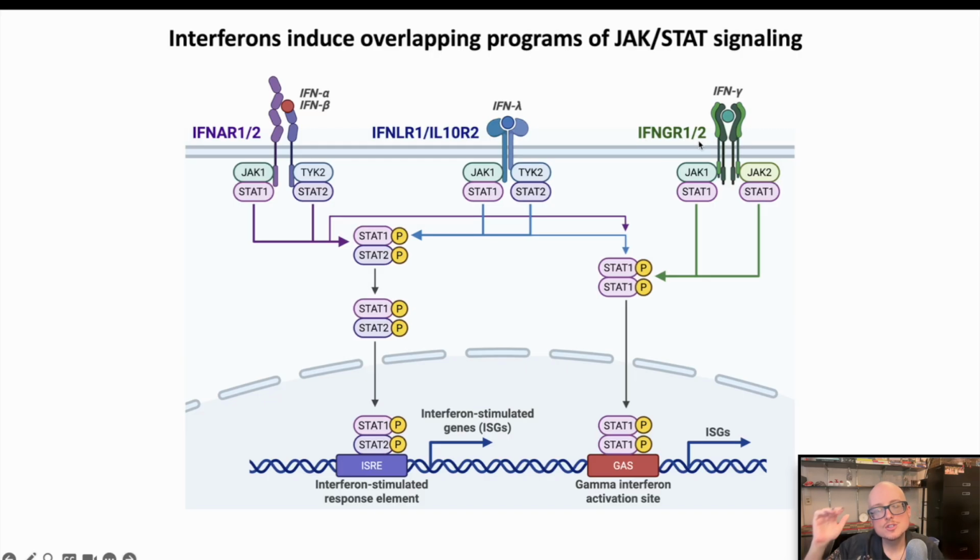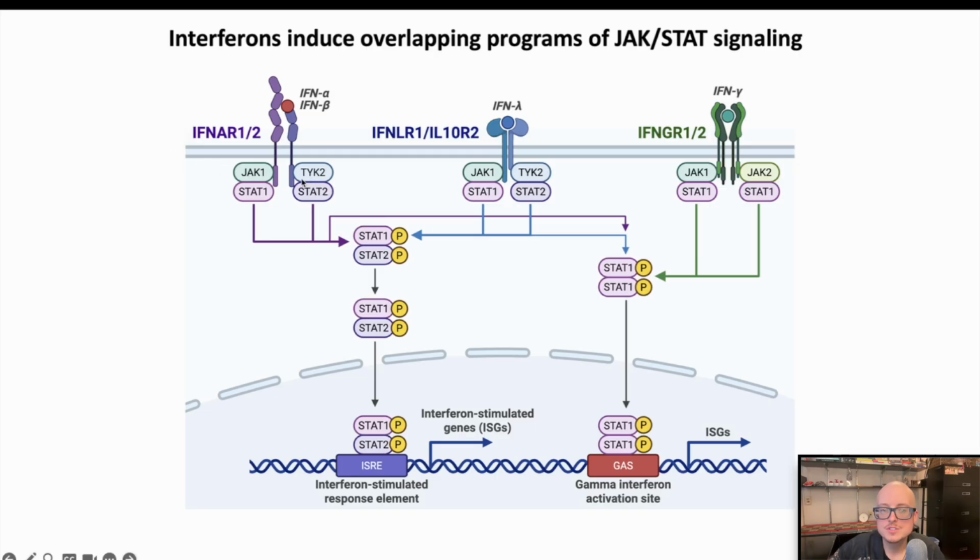So you can see there's structural homology between all of these interferon receptors, and that structural homology is useful because that means that they can all interact with various Janus kinases, various JAK kinase molecules in order to facilitate the activation of STAT transcription factors. And one thing here that I'll draw your attention to is that both the type 1 interferon receptor and the type 3 interferon receptor both associate with 2 particular Janus kinases, JAK1 and TYK2.